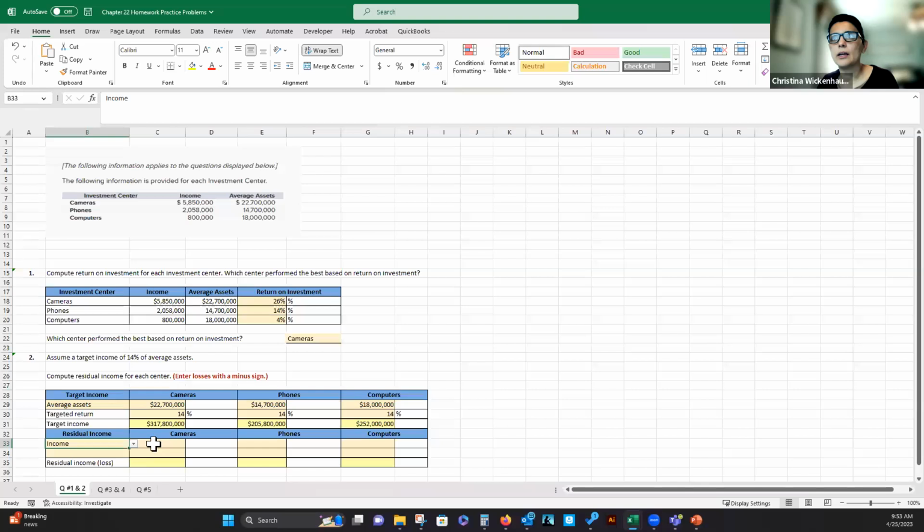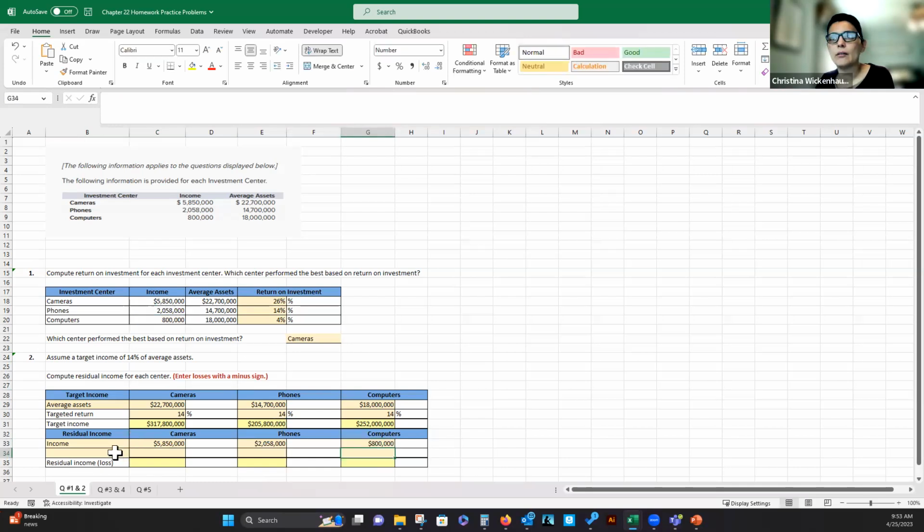And so we had income in the camera department was this 5,850,000. In the phones, it was the 2 million. And in the computers, it was the 800,000.